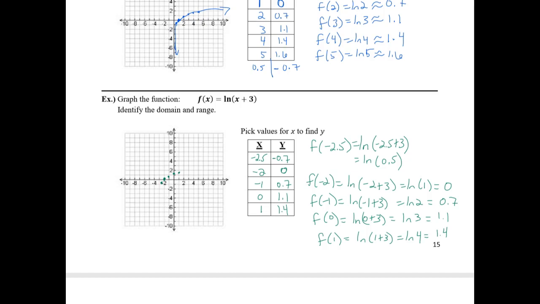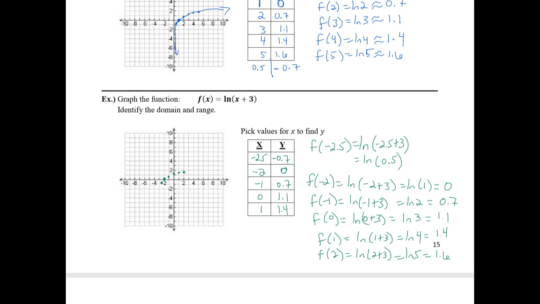And if you feel uncomfortable, if you're not sure what that's looking like, just plug in more values, right? So f of 2 would be ln of 2 plus 3, which is ln of 5, which is approximately 1.6. So 2 was about 1.6. It's going to have the same shape.